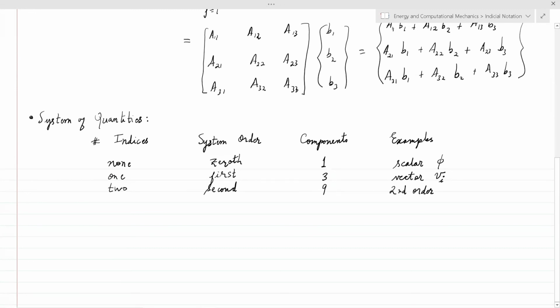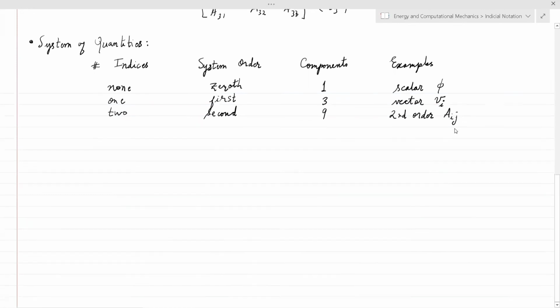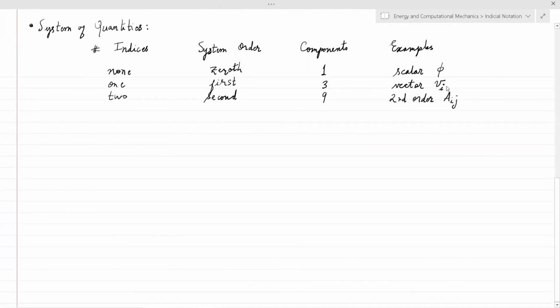I'll call that a second order tensor, A_ij. So here I have 2 indices, here I have 1 index, and here I have a scalar quantity. You can see very clearly that those correspond to whether you have no index, 1 index, or 2 indices. That also tells you about the order of the system and how many components you have.